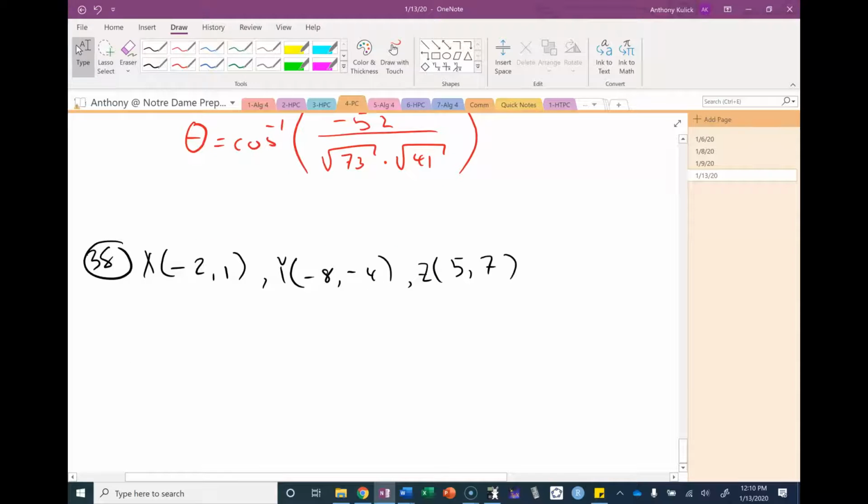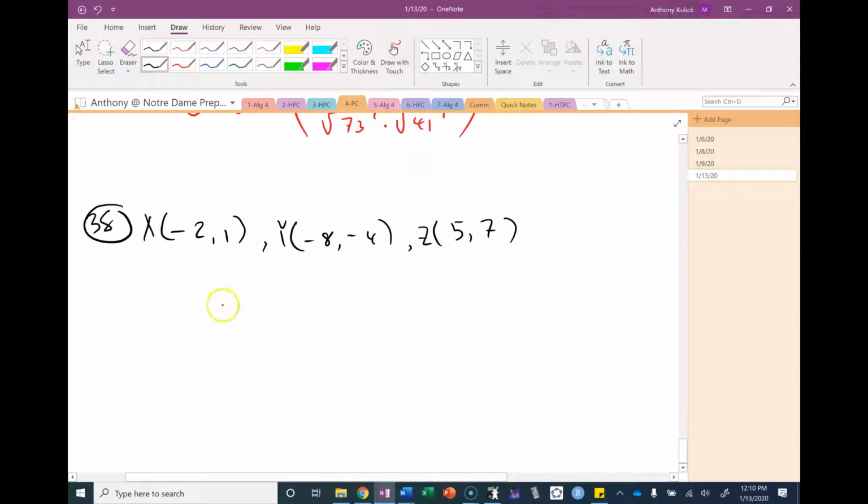So I'm going to start by sketching a picture of what's going on here. So -2, 1. There's x. -8, -4 is maybe over here. Call that y. And then 5, 7 is up here somewhere. So I think that's my triangle.